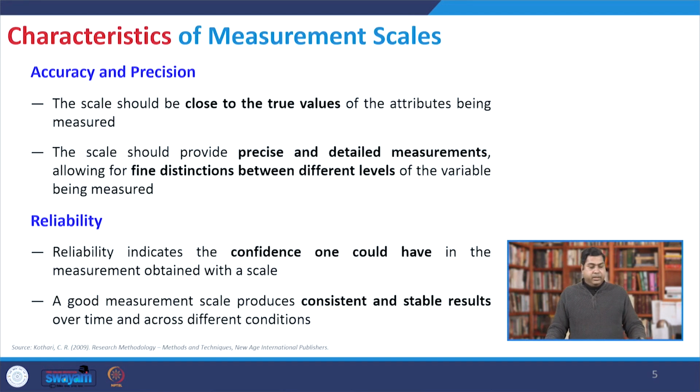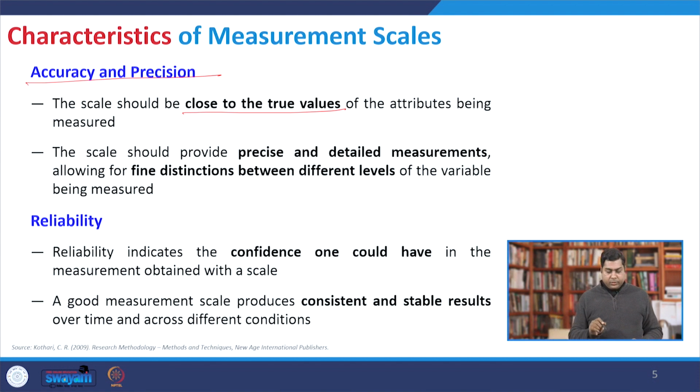Moving forward, the characteristics of a measurement scale, under the head of accuracy and precision. It says the scale should be close to the true value of the attribute being measured. So our idea is that it should be very close to the actual value.